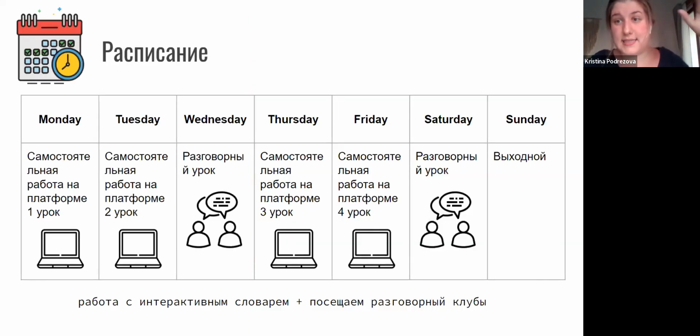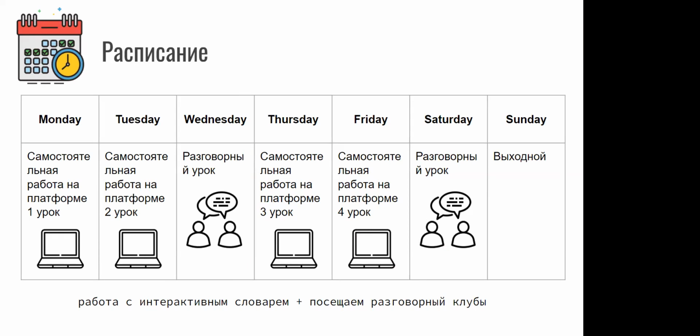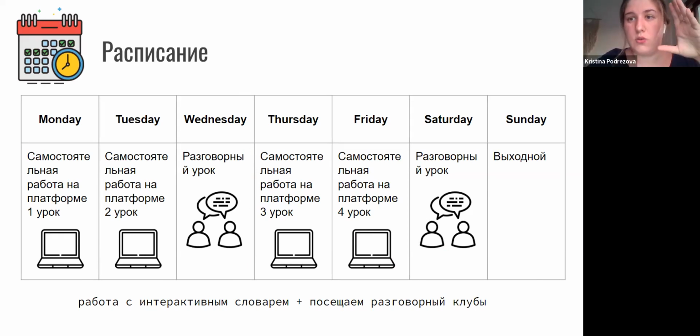Okay, let me show you a little bit of the timetable, how it can look. So this is just an idea. So on Monday, let's imagine that you're already on the course. On Monday, you start practicing and learning the first lesson on the platform.